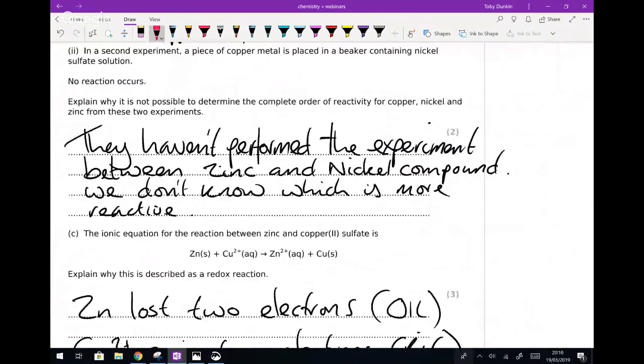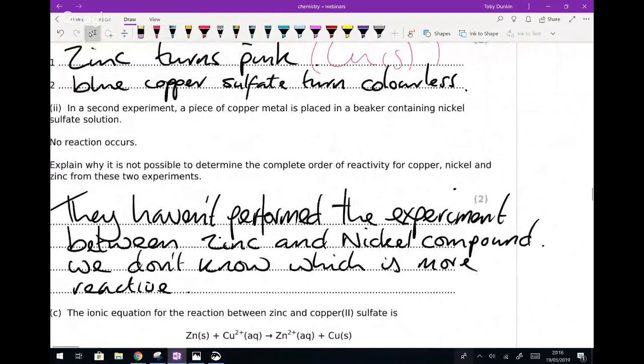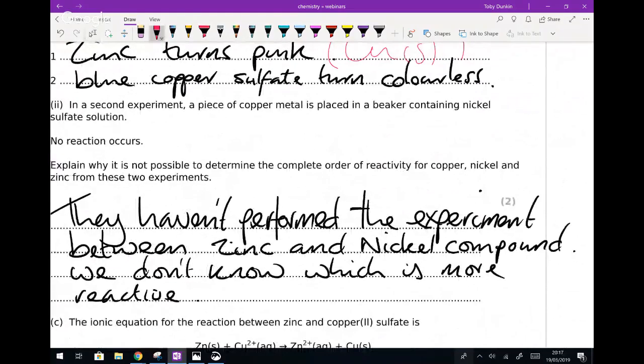Next, explain why it is not possible to determine the reactivity of copper and nickel using these 2 experiments. They have just done zinc plus copper sulfate, and zinc was more reactive. They've then done copper and nickel sulfate, and nothing happened.